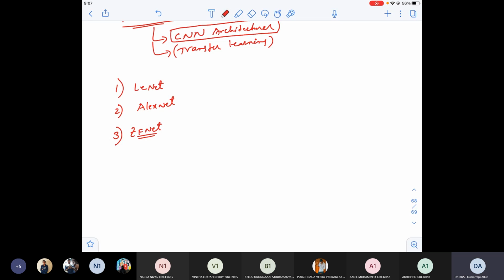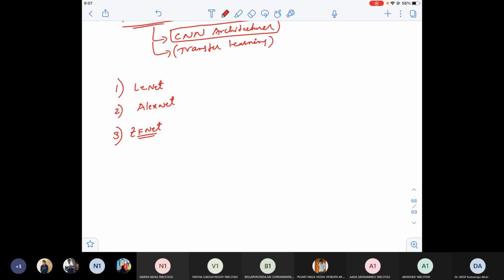There is no mandate to remember everything, but at least see the pattern involved in it and accordingly remember it. Maybe at the end I'll tell you what minimal points that you have to remember across these architectures. But let us jump into the next architecture called ZFNet.